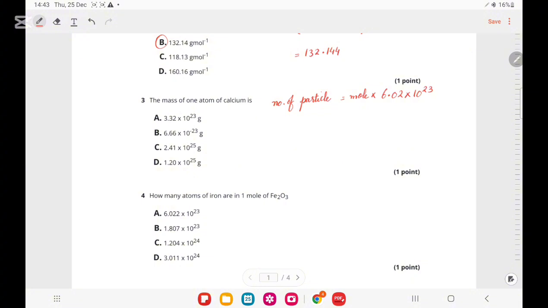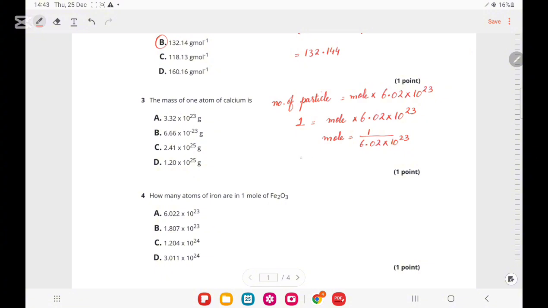Particles can be atom, can be molecule, or can be ion. So here they have given us the number of particle, which is an atom, and they have given us 1 mole. We need to find out times Avogadro's number, so it comes out to be 10 raised to power 23, and mole is equal to 1 by 6.02 times 10 raised to power 23.